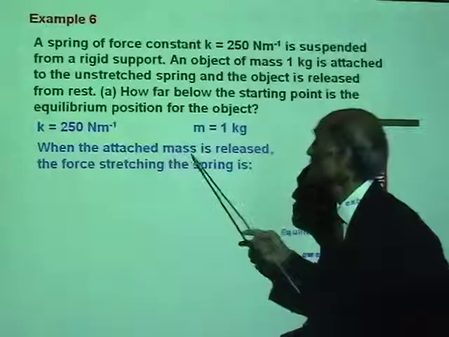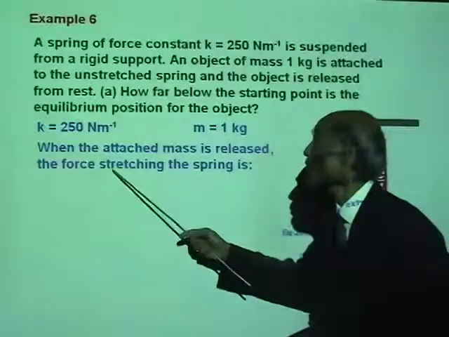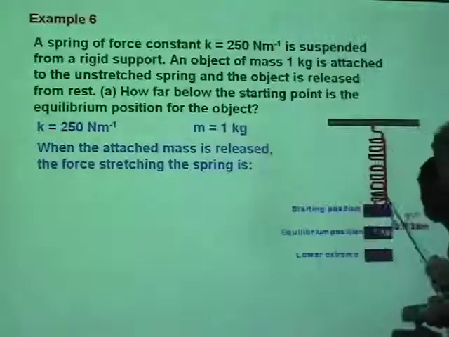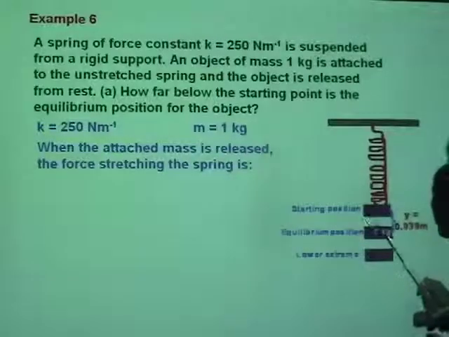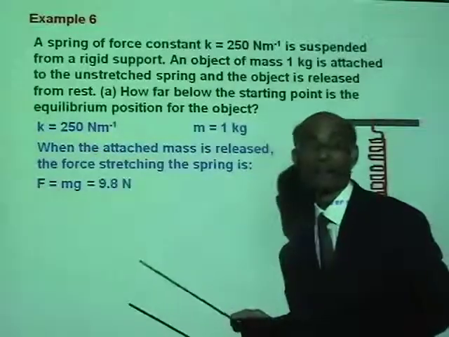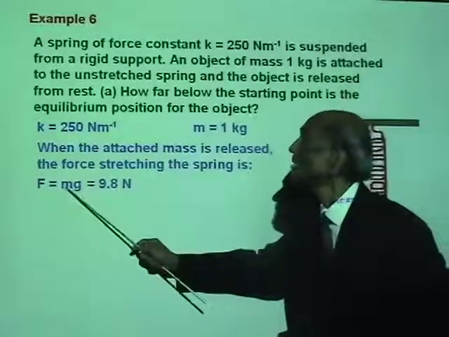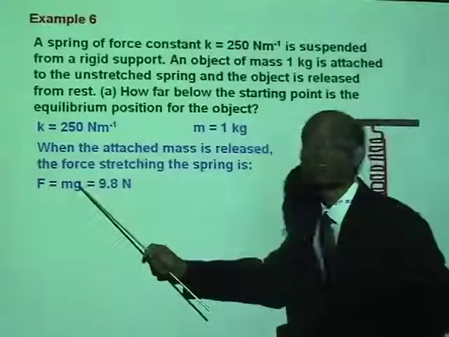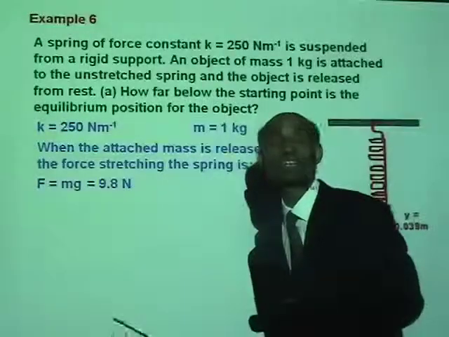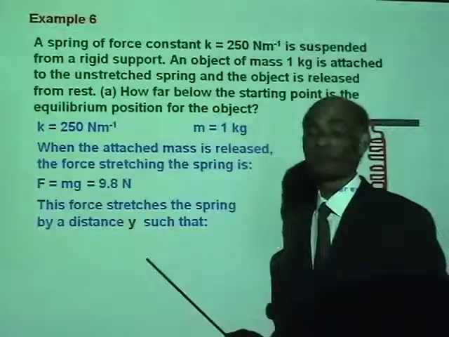When the attached mass is released, what is the force stretching the spring? It is the weight of this object. F equal to mg, and that will be 1 kilogram times 9.8. So that force is 9.8 Newton.